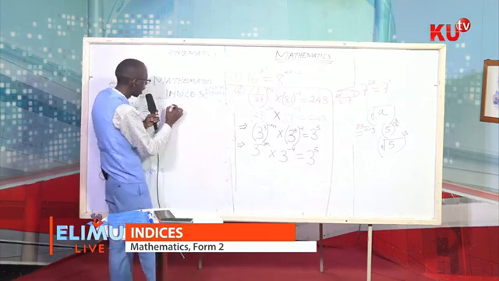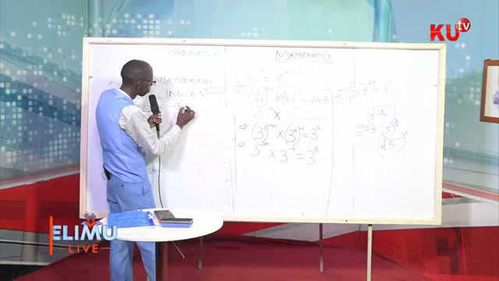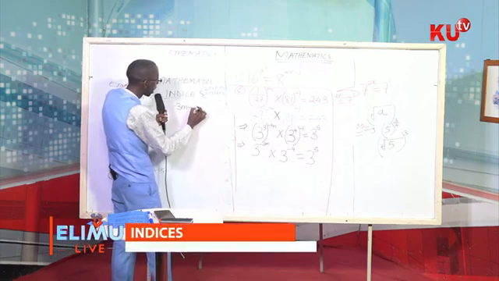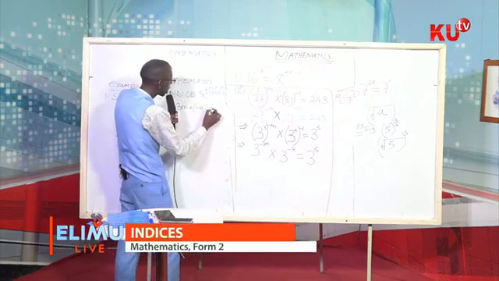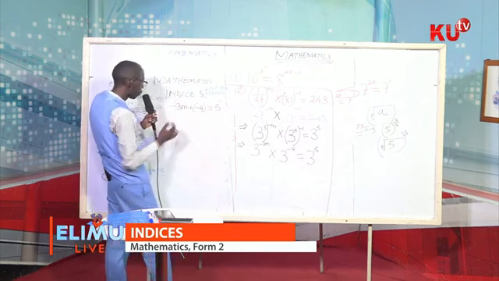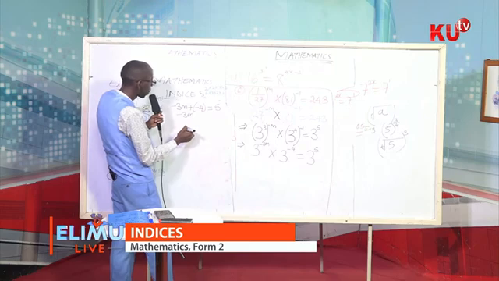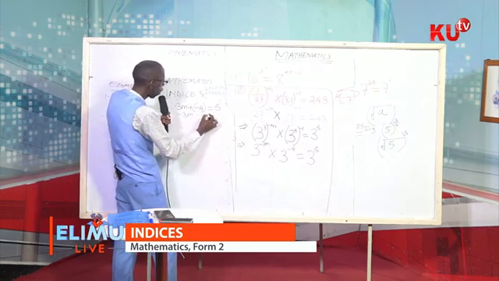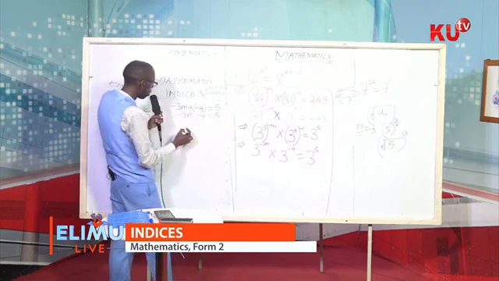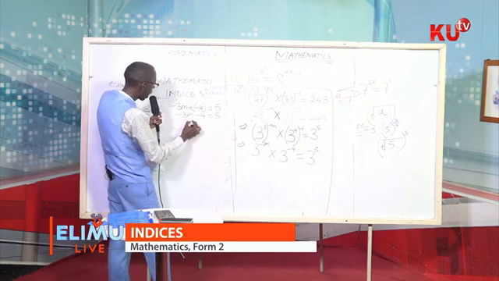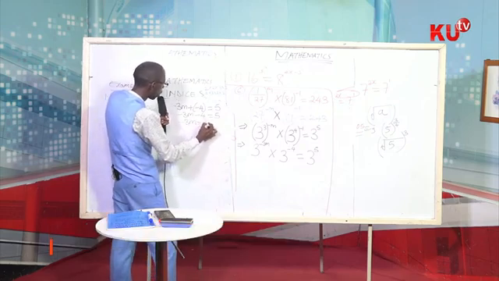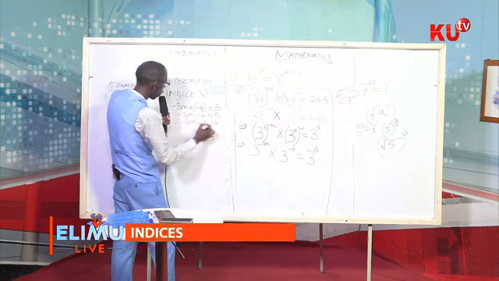So we'll have negative 3m plus negative 4 is equal to 5. Negative 3m, positive times negative is negative, minus 4 is equal to 5. Negative 3m is equal to 5 plus 4.